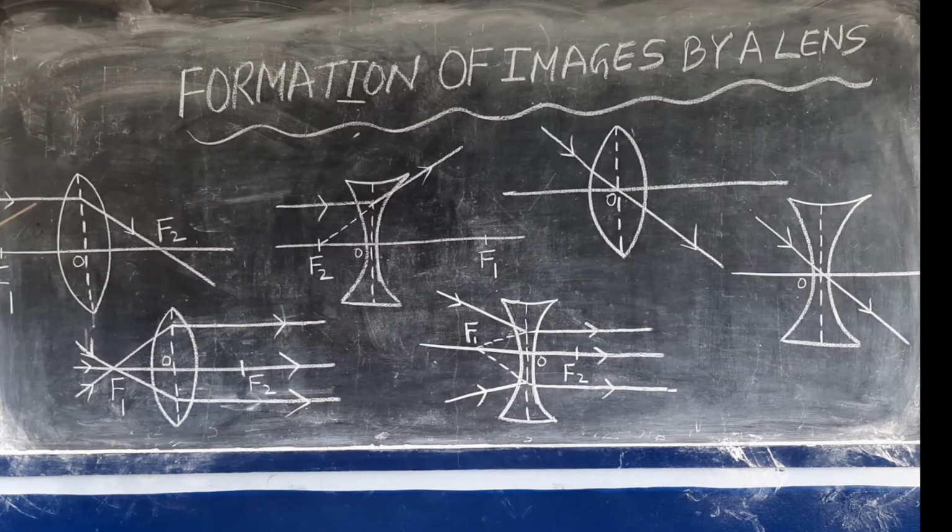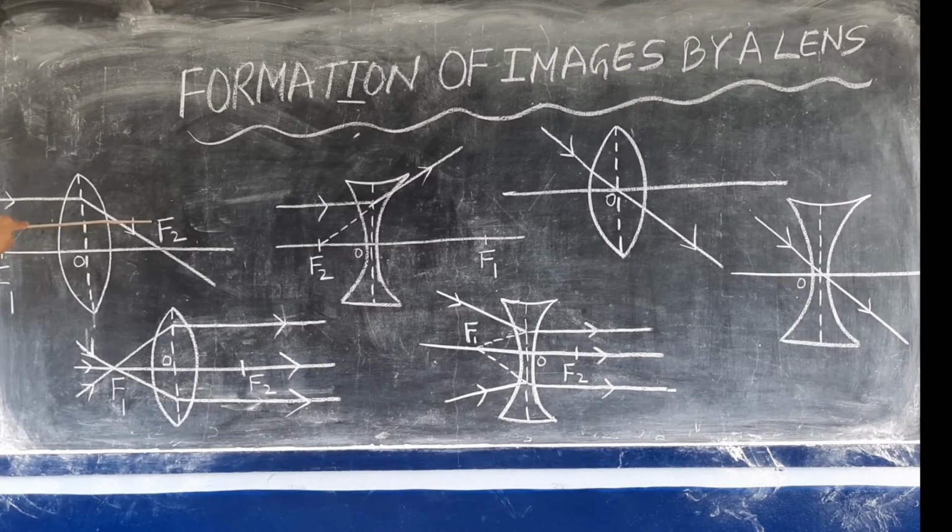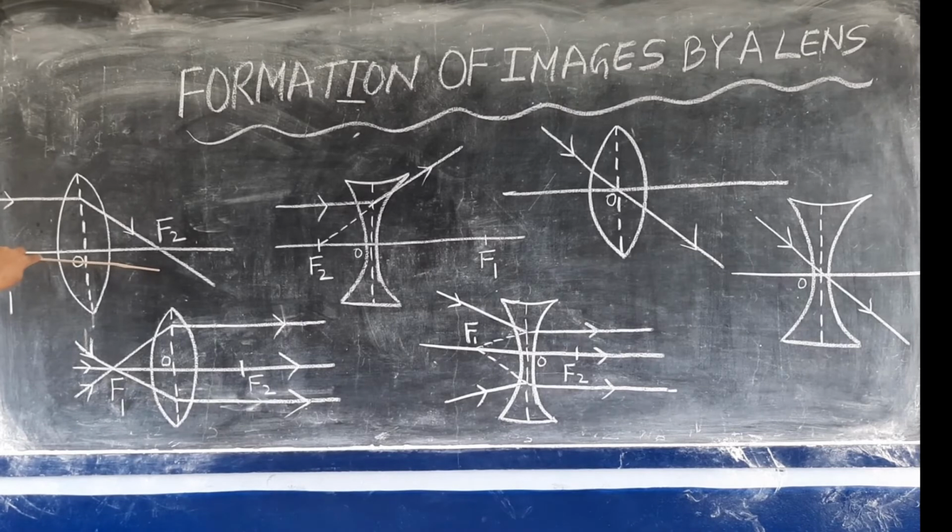Now let us consider a ray of light coming from the object and parallel to the principal axis. When the ray of light is parallel to the principal axis, after refraction it passes through the second focal point in the case of a convex lens. Remember that a ray of light parallel to the principal axis, after refraction, passes through the second focal point.